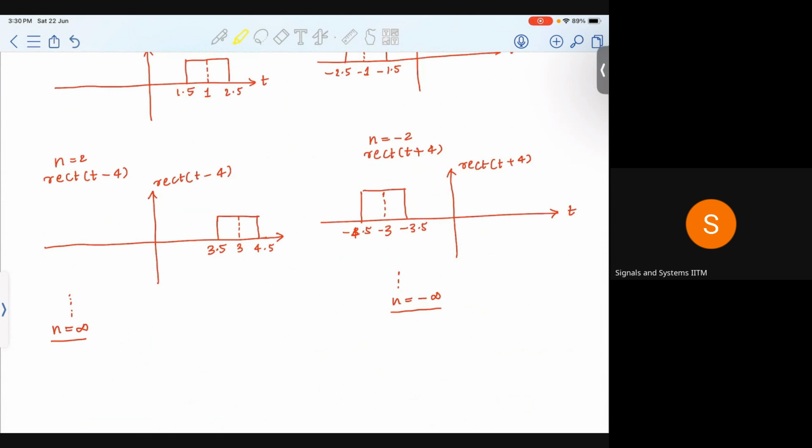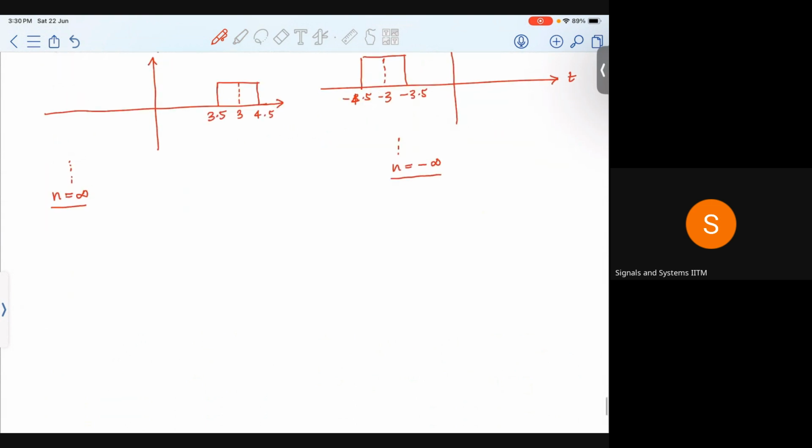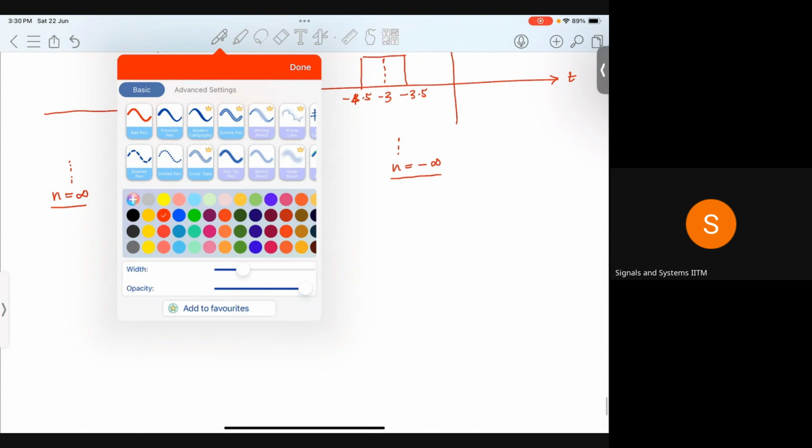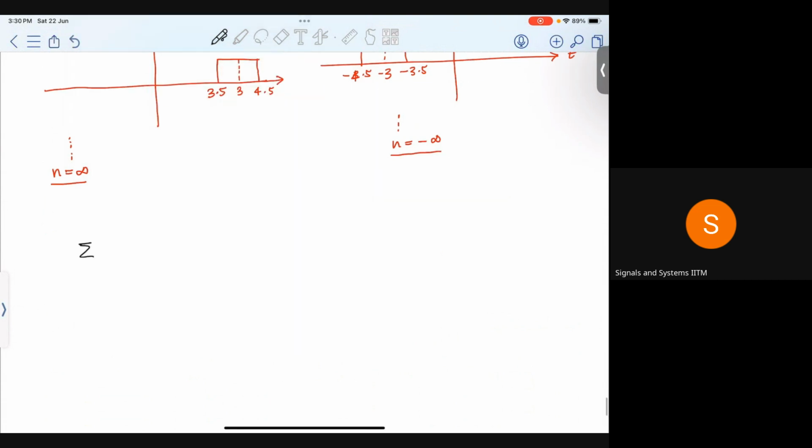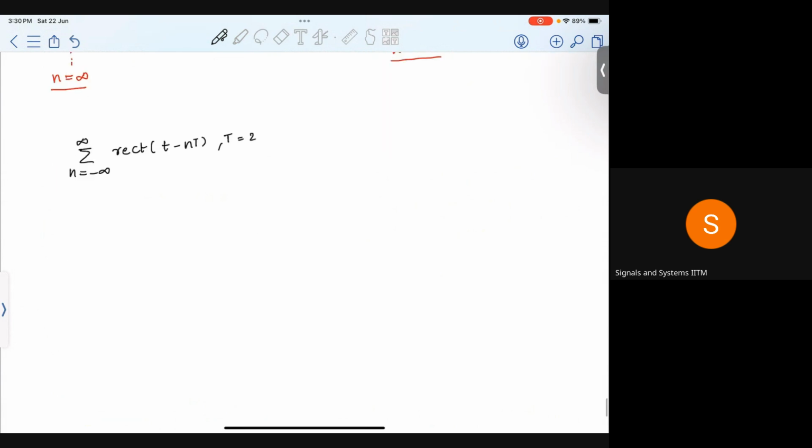we have such rectangular blocks which do not intersect, and as n goes to minus infinity, we have other rectangular blocks on the left hand side which do not intersect. When we add them up, the sum over n from minus infinity to infinity of the rectangular function of t minus nT, when T equal to 2, looks like this.